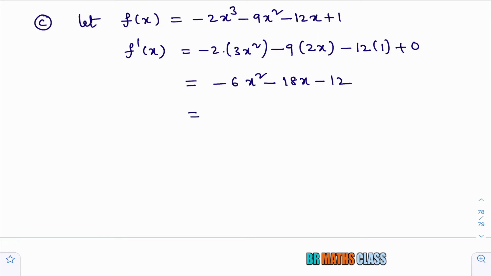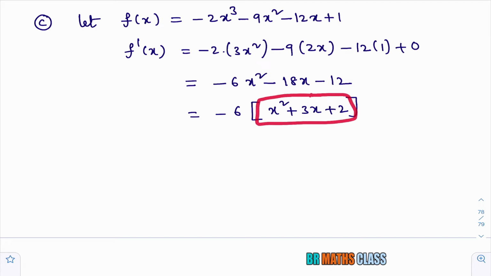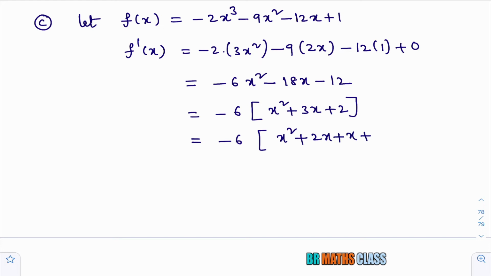I got like this. Now you can take minus common. If you take minus common, what you will get? x square plus 3x plus 2. Now here you observe this is a quadratic expression. I'll split the middle term. This equal to minus 6 into x square, this 3x can be written as 2x plus x, plus 2.